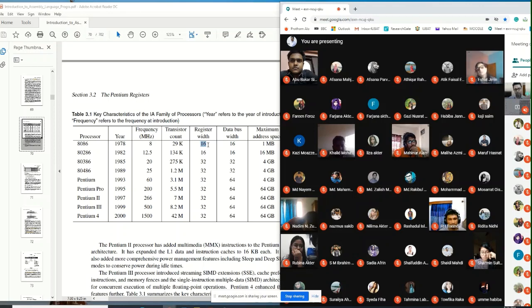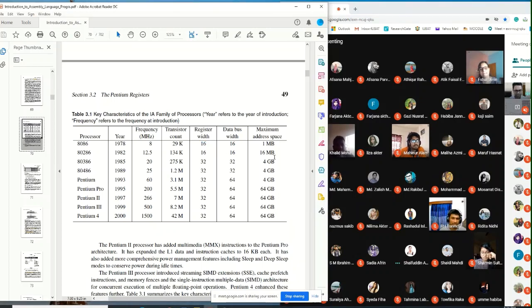Whenever you try to save that kind of memory location into your internal register, can you do that? No, you cannot, because your address is 20-bit but your register size is 16-bit. That means you cannot save all 20 bits of data into this 16-bit register. That is a problem.